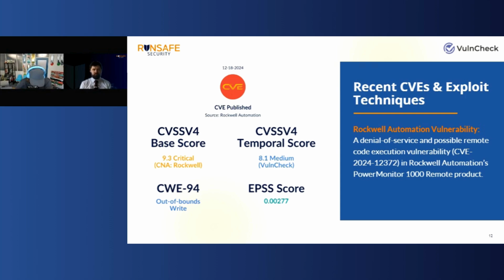But this is a Rockwell denial of service, and I'm spacing. I had the product somewhere. My apologies. The PowerMonitor 1000 product, and I believe there are several advisories on this one, so it's kind of interesting. You have NVD and a CWE-94 issued by CISA.